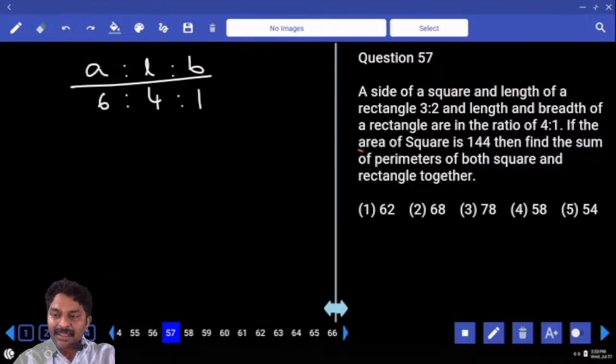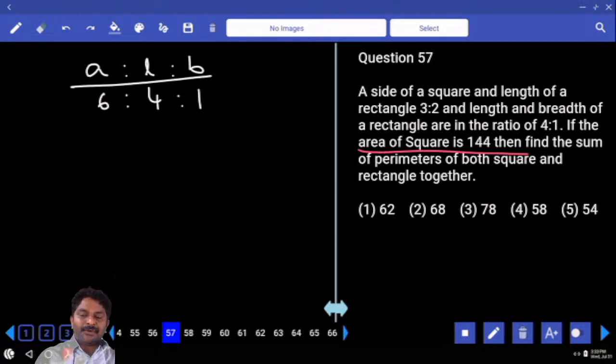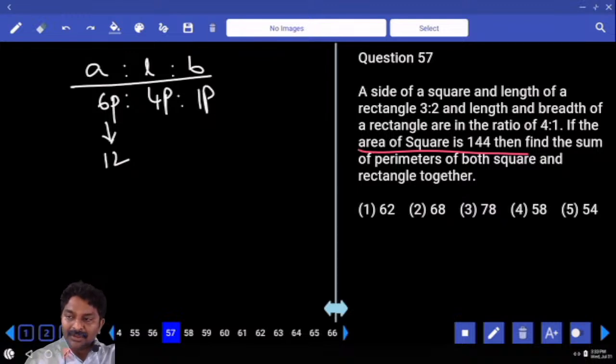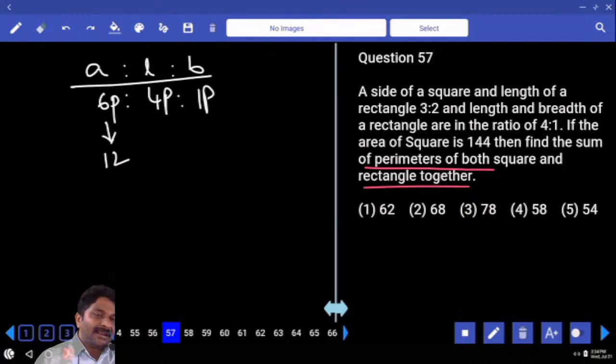And if the area of the square is 144, then the side of the square is equal to 12 only. Then one part is 2. Now the question is the sum of the perimeters of both the square and rectangle.